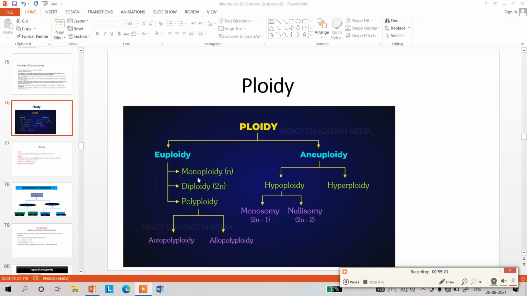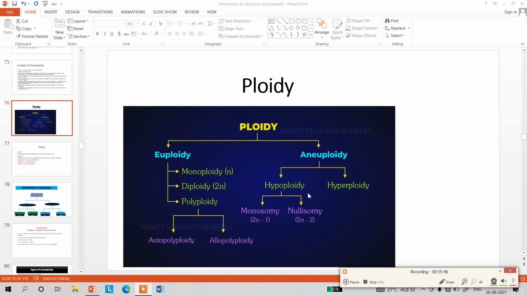Then euploidy is divided into monoploidy, diploidy, and polyploidy, which is again divided into autopolyploidy and alloploidy. Aneuploidy is divided into hypoploidy and hyperploidy. Hypoploidy is again divided into monosomy and nullisomy. So dear student, this is about today's lecture.